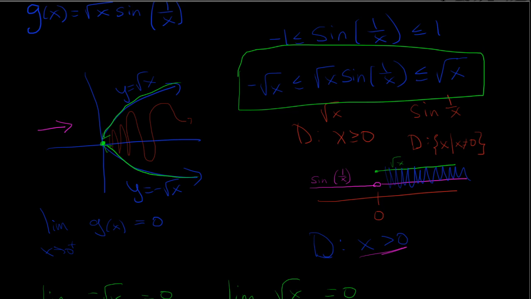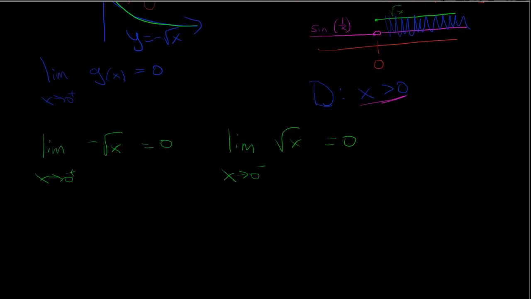So the limit will not exist. And same thing with square root of x and negative square root of x. It's only defined when x is greater than or equal to 0 for those two functions. So since it doesn't exist to the left of 0, we say that the limit as x approaches 0 from the left does not exist.